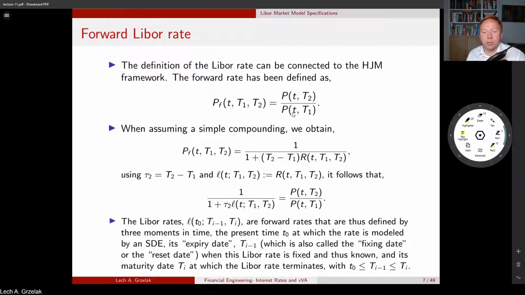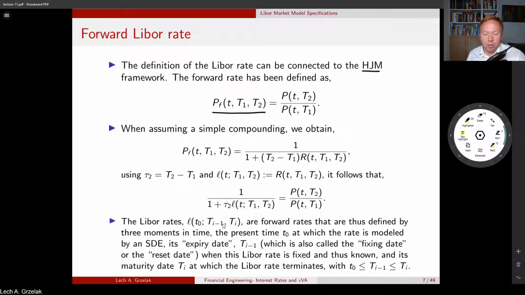And this is related to the HJM framework and also the so-called forward zero coupon bond. If we define the forward zero coupon bond as a kind of refinancing strategy between time T1 and time T2, and we define simple compounding rates, then we can arrive at the LIBOR rate just in the same way as we have done before in this course.